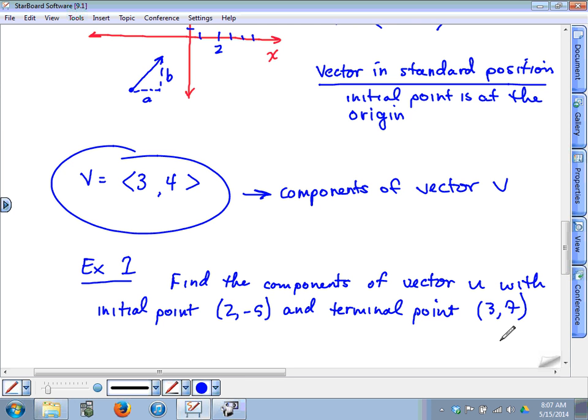So this is a vector that's just somewhere on the coordinate plane. You've got to drag that vector so the initial point is at the origin so you can find the components of it. It could be done without drawing it. It might help to draw it though.